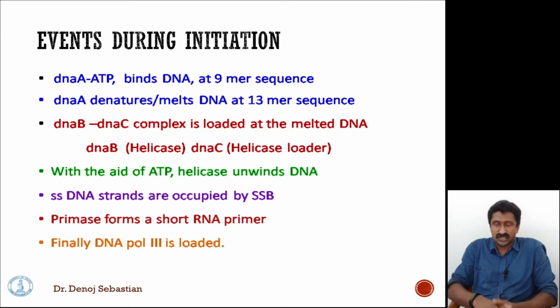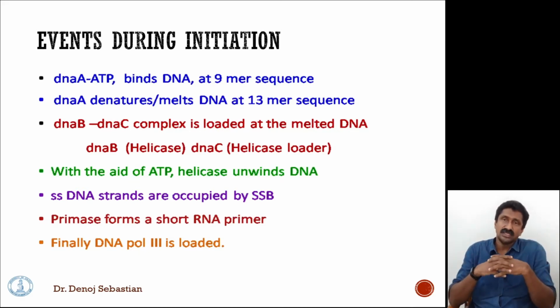So the events during the initiation are mentioned here. DNA A ATP binds to the DNA at the 9-mer sequence. The DNA A denatures or melts the DNA at the 13-mer sequence, and the DNA B DNA C complex is loaded at the melted DNA. The helicase loader DNA C will load the DNA B helicase to that template DNA.